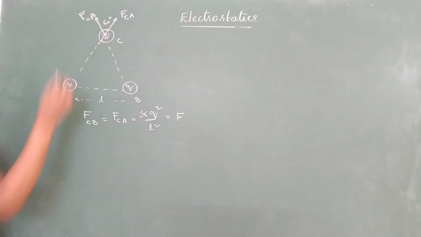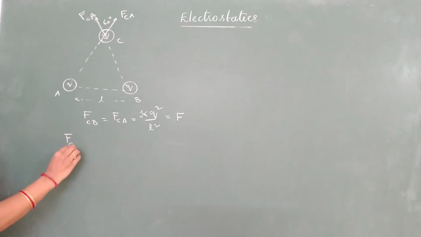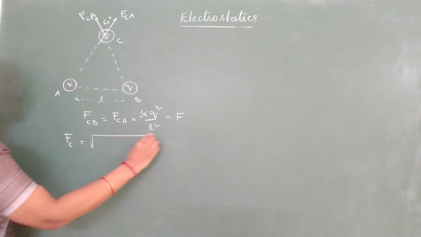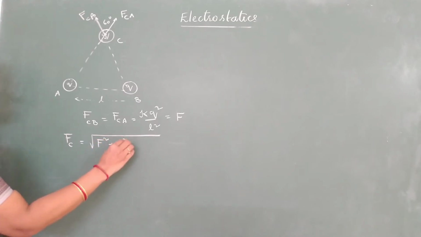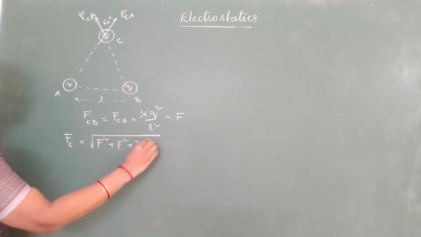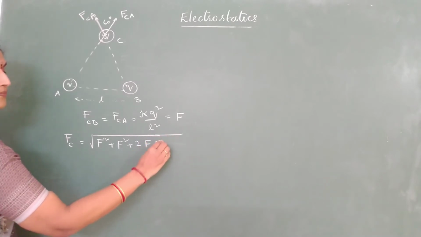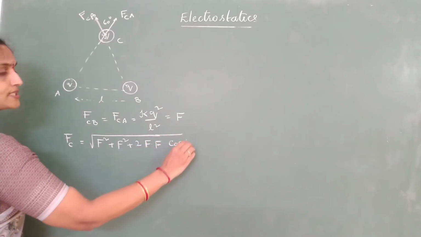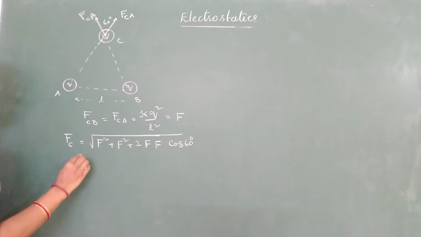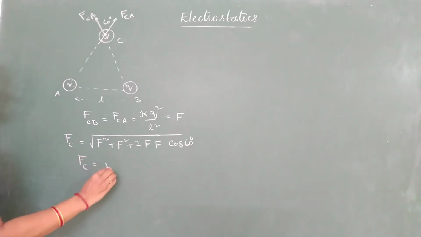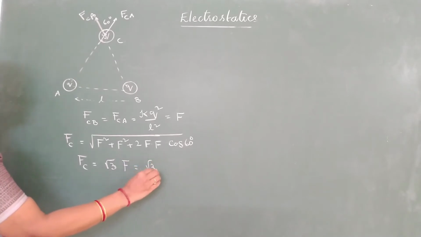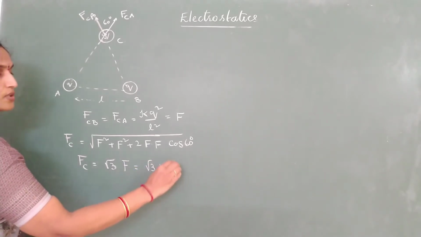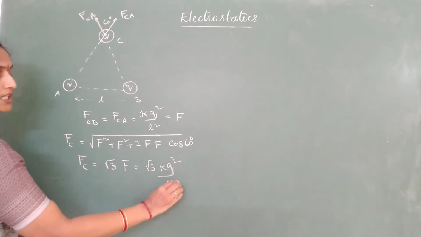Apply the parallelogram law of vector addition. The net force on C should be square root of F square plus F square plus 2 into F into F into cos 60. We know the value of cos 60 is 1 by 2. We'll get the net force as root 3 times F, that's nothing but root 3 KQ square divided by L square.